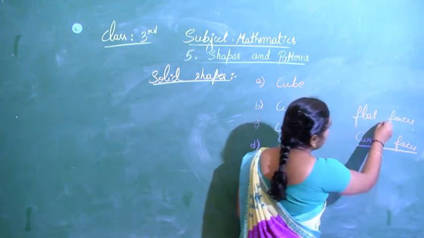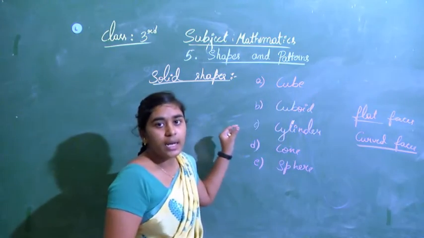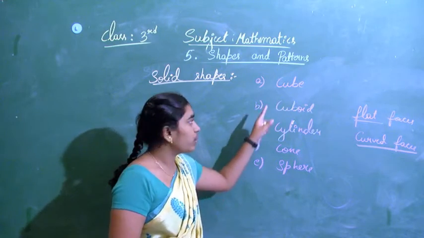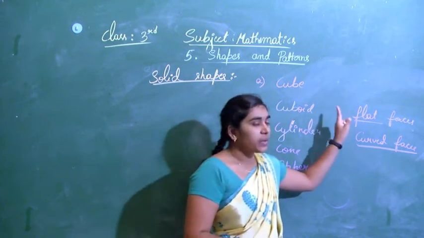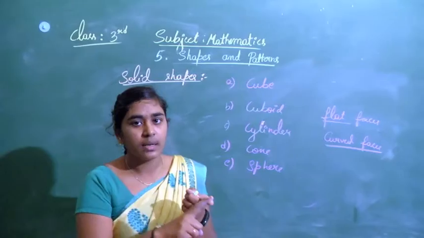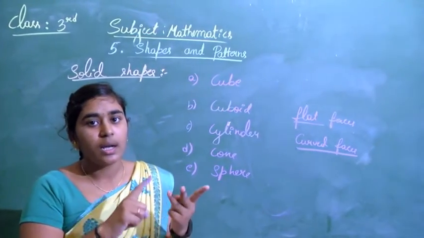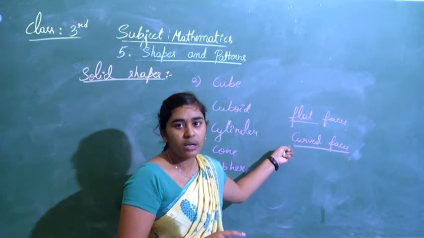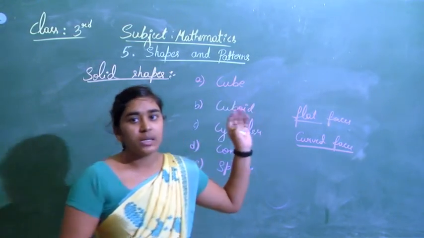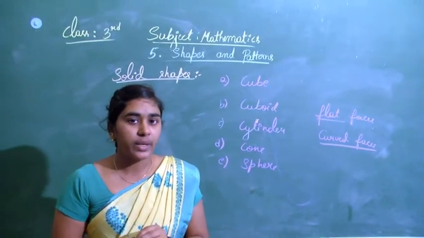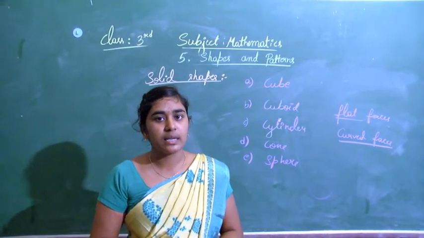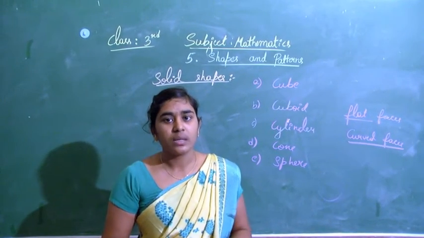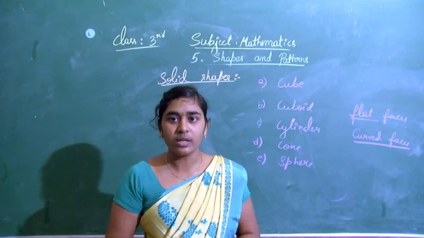So in this class I will stop here, and I will give you the work to draw these and write how many sides, how many corners, how many edges, how many flat faces, and how many curved faces. Right? These are the topics we have learned in the previous class. In the next class we will carry on the subject in 3rd standard. Okay children? Thank you.